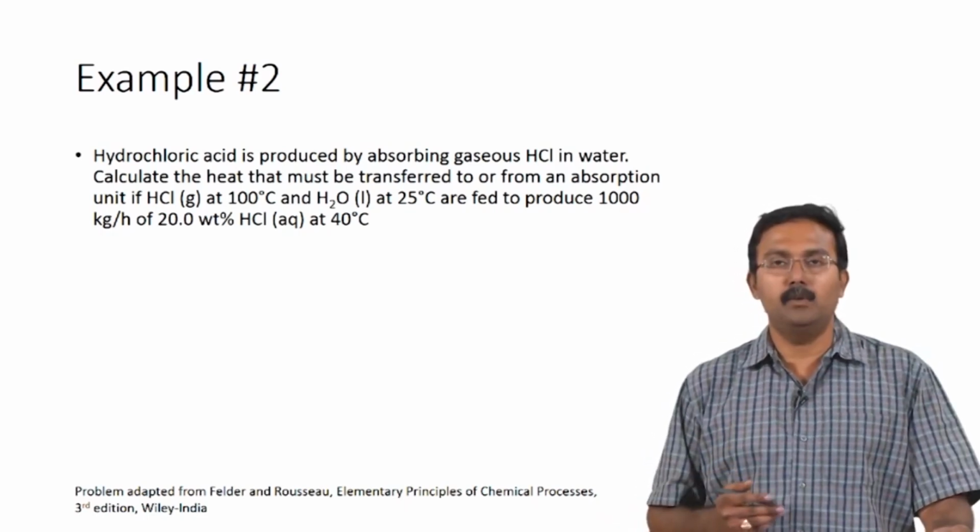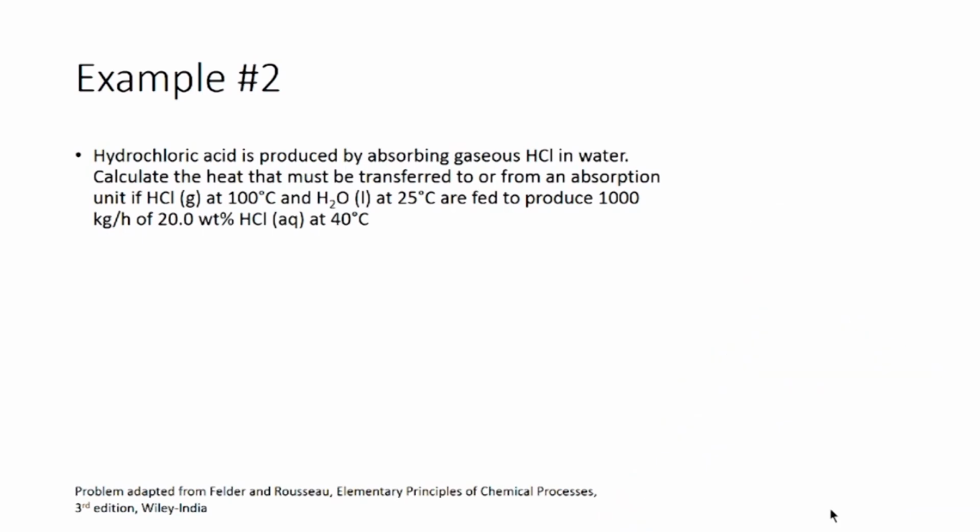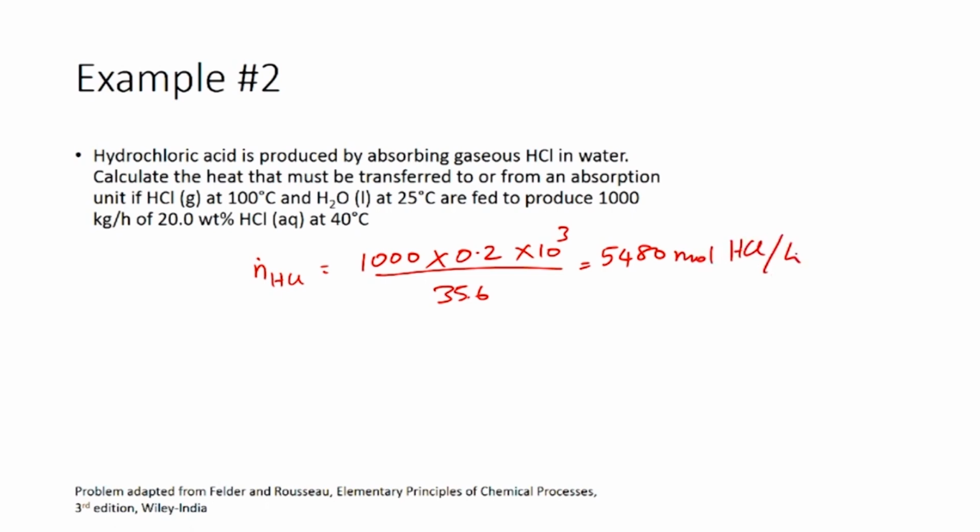As the H cap values are available to us in terms of kilojoules per mole, we first need to identify the number of moles of HCl and water in the system. So, the molar flow rate N dot HCl would be given as 1000 times 0.2 times 10 power 3 divided by 35.6. This gives us 5480 moles of HCl per hour.